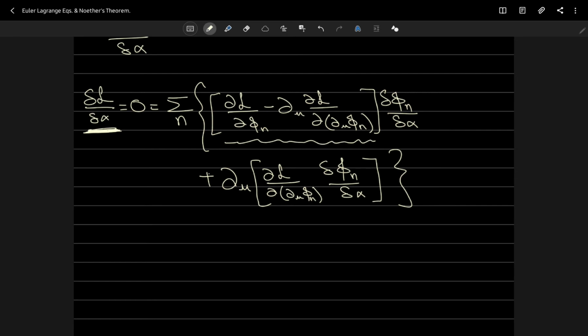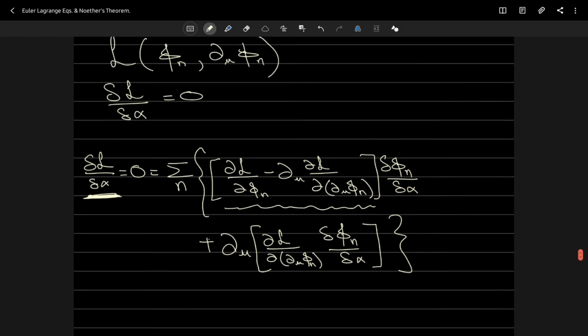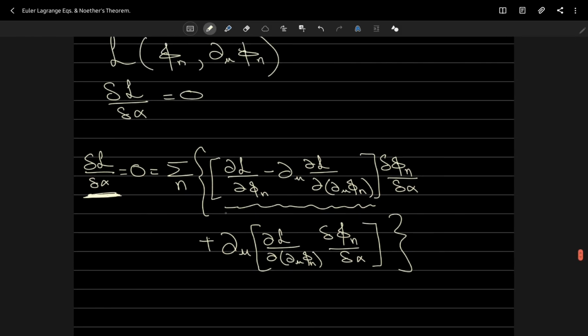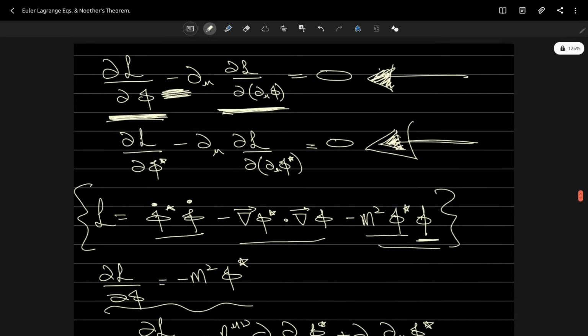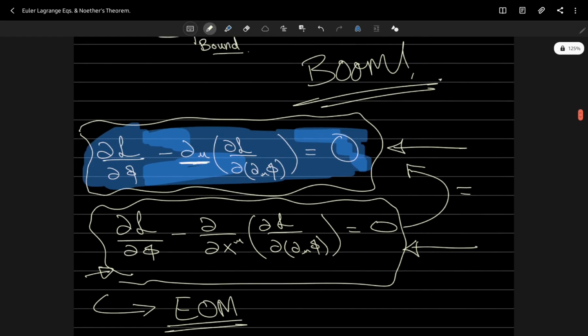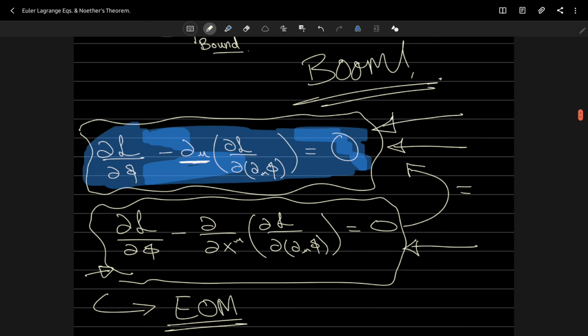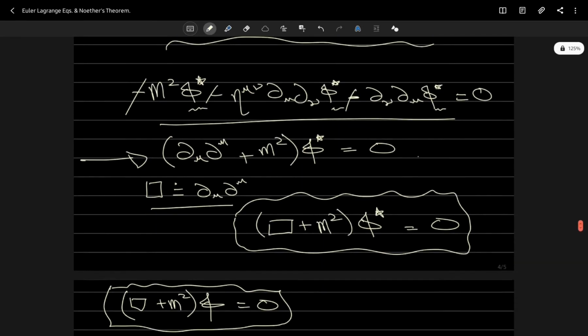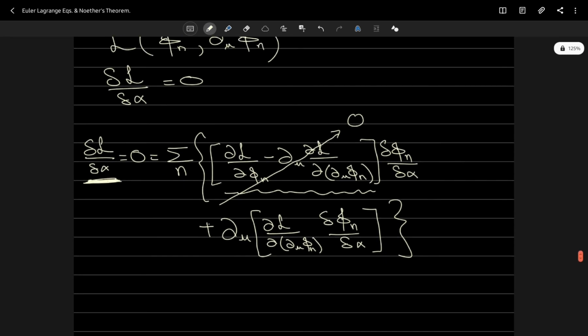This is simply your Euler Lagrange equation that we have derived earlier. So if this Euler Lagrange equation is satisfied, then this thing is equal to 0, right? If you remember, we derived it over here, and it's equal to 0, that means the Euler Lagrange equation is satisfied. Then this thing vanishes, and we are only left with this term that is over here.